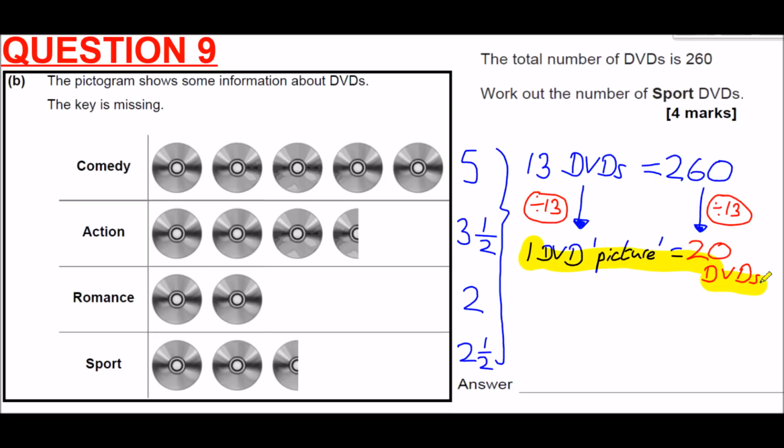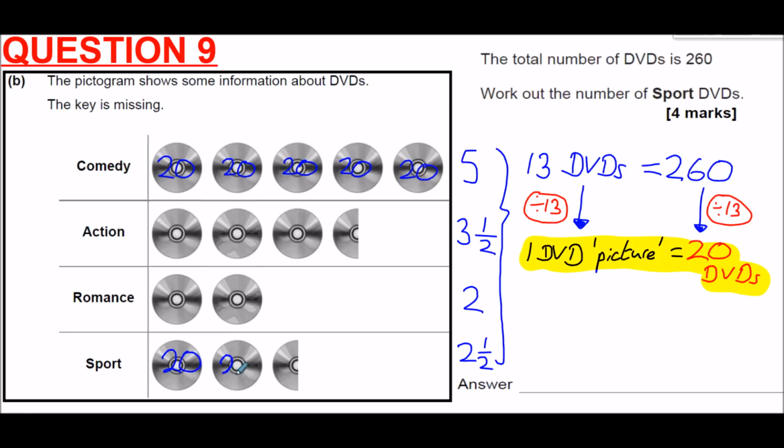That's the key bit of information we need to solve this question now. So each DVD picture is worth 20. They're all worth 20. But if you read the question, the only thing we're bothered about is the number of sport DVDs. Now the sport DVDs are here. So this one here represents 20.